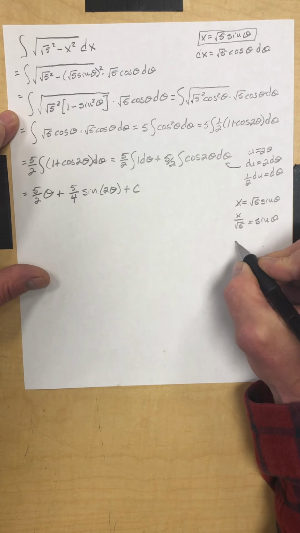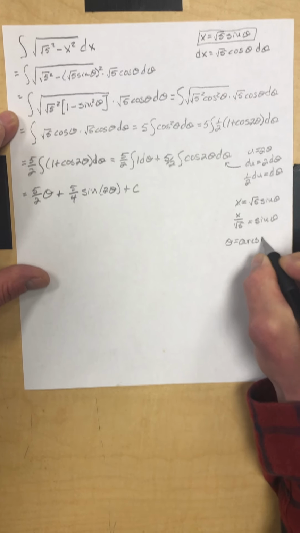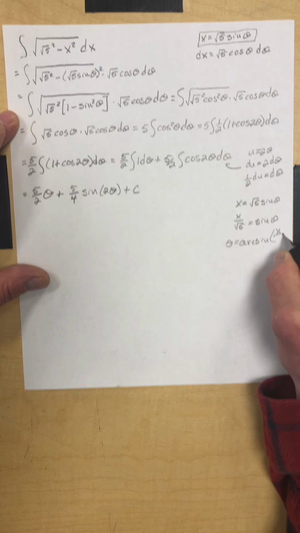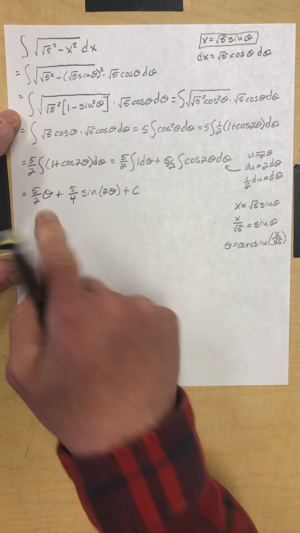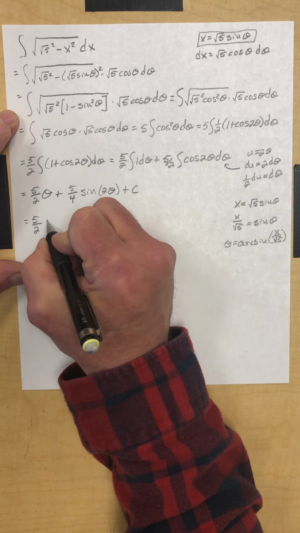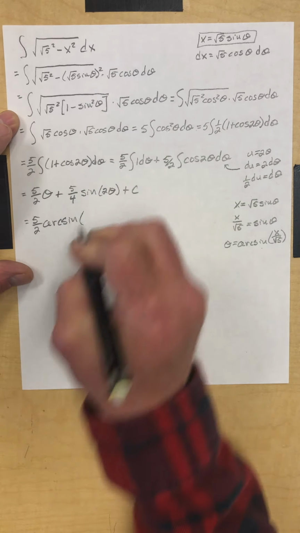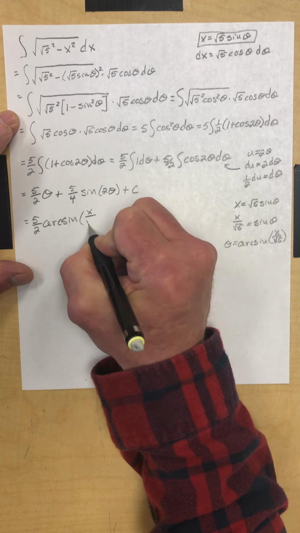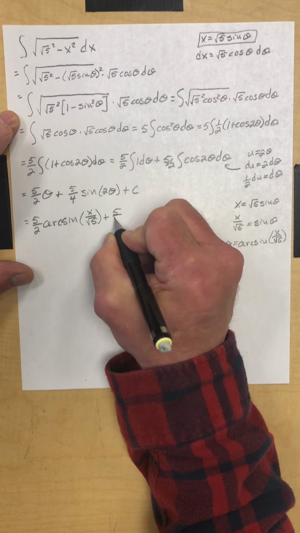So that means that theta is the arc sine of x over radical 5. So I can substitute that in right here. So we get 5 halves times the arc sine of x over radical 5 plus, we've got our 5/4.